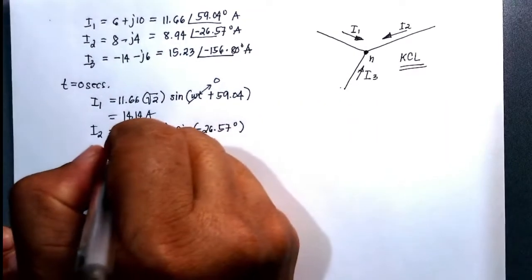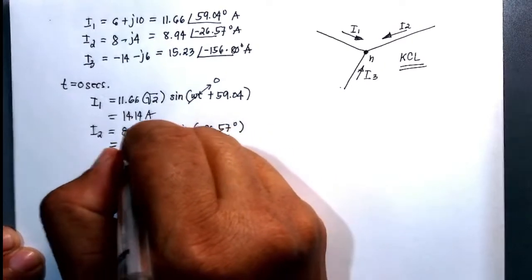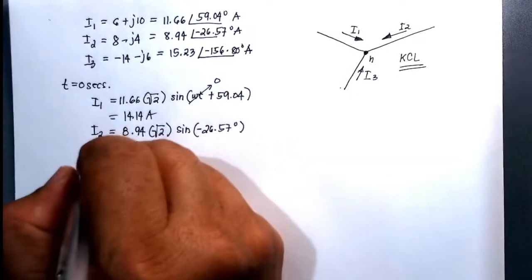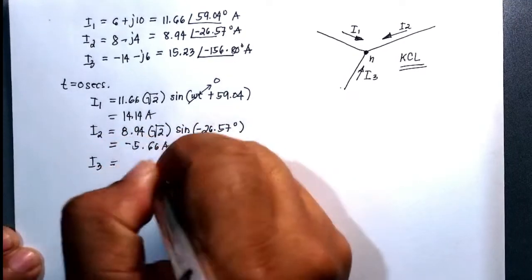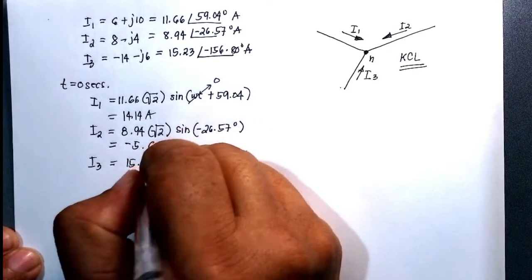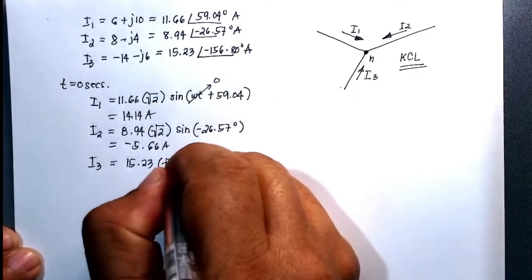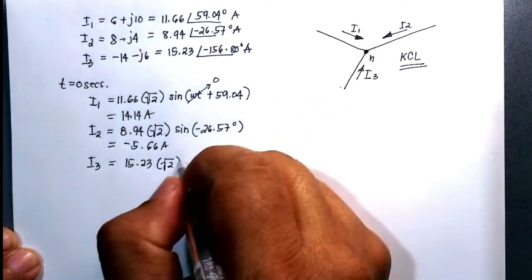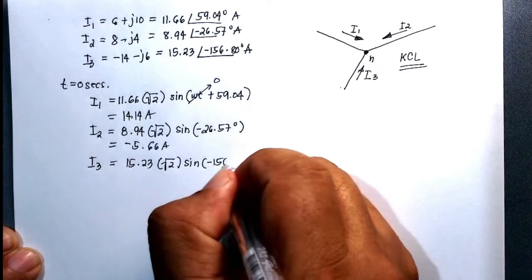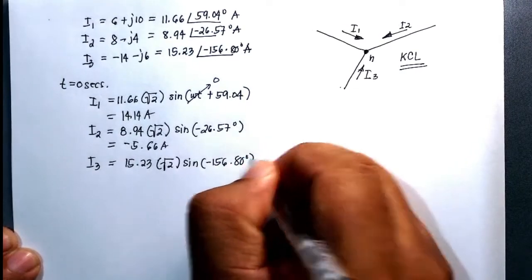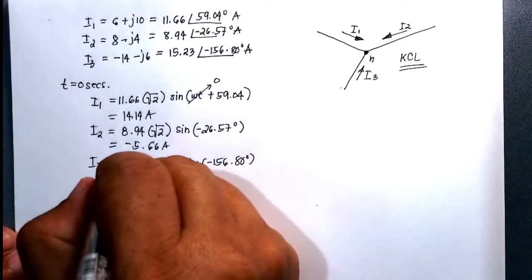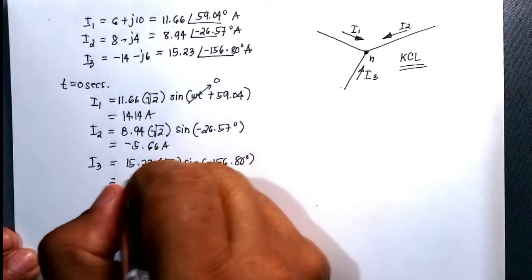Now if you have your calculator, it will give us negative 5.66 ampere. For I sub 3, same thing, that will be 15.23 multiplied by square root of 2, sine negative 156.80 degrees, since our t is 0. By calculator, you get negative 8.48 ampere.